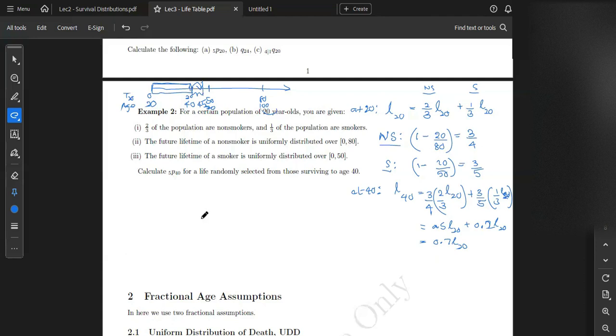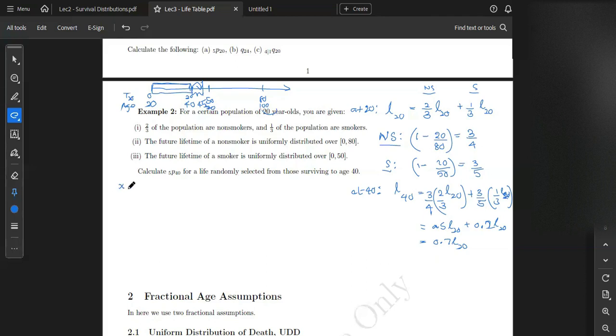Like in the same way, we can define, since this is a uniform distribution, so at age 20, the property of the uniform distribution is like this.